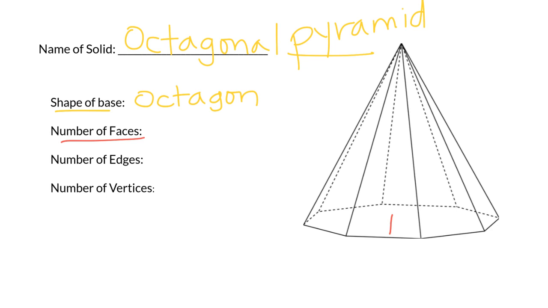So if I were to count them, it's going to get a little bit messy, but there are 1, 2, 3, 4, and then there should be 4 in the back, that we can't really see, triangles that come off of that base. So if we have 8 triangular faces that meet at that vertex, and we have 1 octagonal face as our base, 8 plus 1 should give us 9 total faces in our solid.